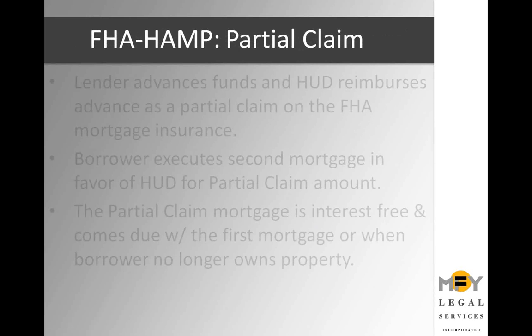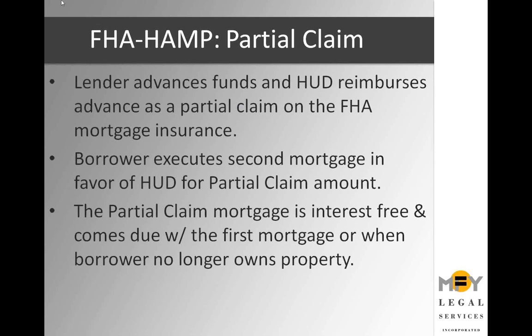The partial claim is something that's completely unique to FHA mortgages. The borrower executes a second mortgage in favor of HUD for the partial claim amount. The partial claim mortgage is interest-free and comes due with the first mortgage or when the borrower no longer owns the property.